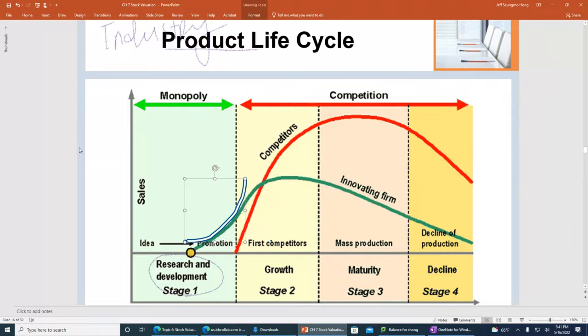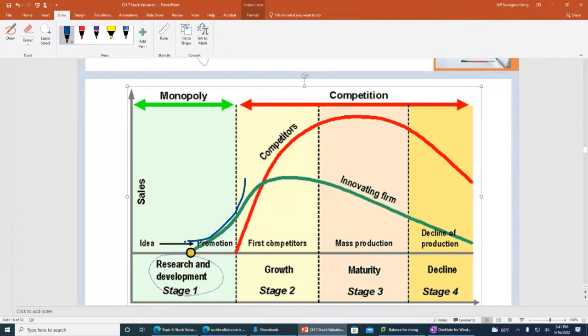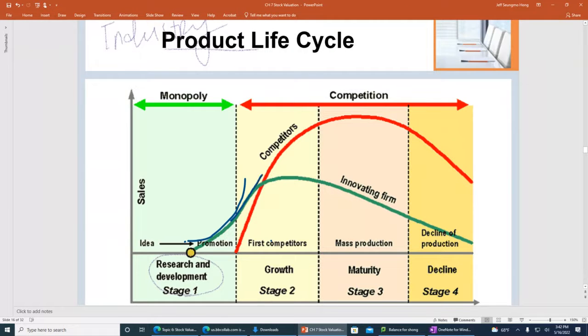So obviously the growth rate would be very high, steep, during this period. You will see a high growth rate. And after that, you will have a relatively constant growth rate.